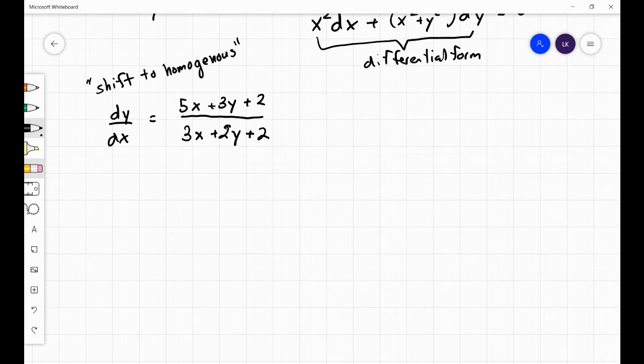Okay, and of course we could also write it as rearranging differential form, so you could see it either way.